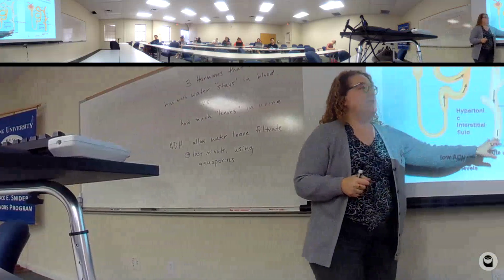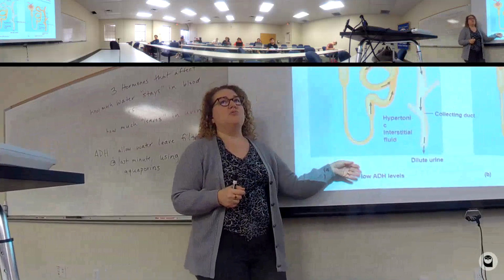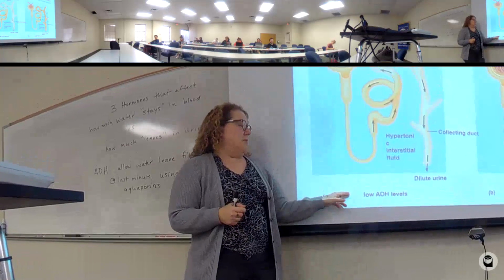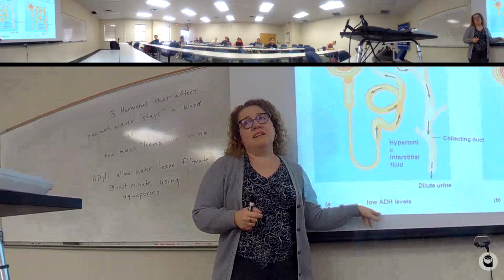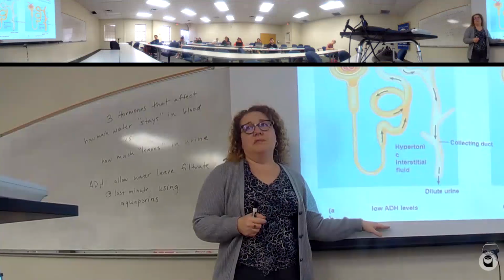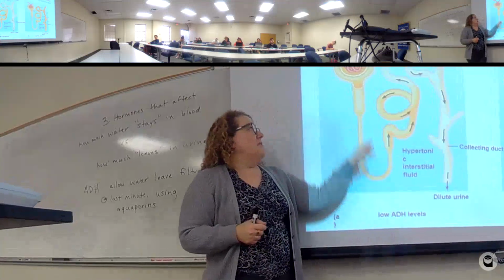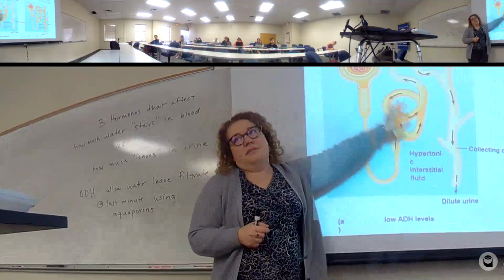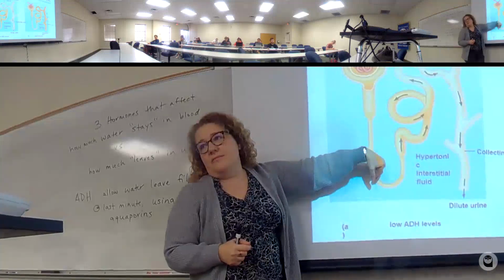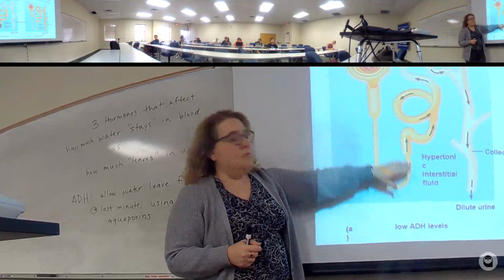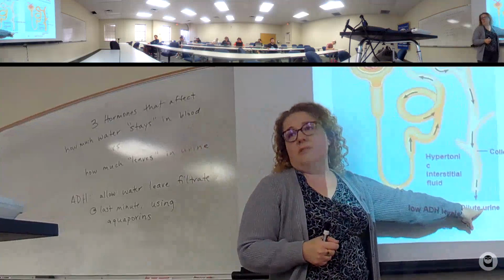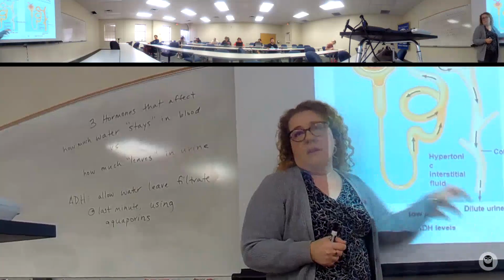So you can think of this picture as the usual situation where we either don't have anti-diuretic hormone or the level is really low. And we've got here a picture of the tubule system. And in the tubules, there is filtrate, which eventually will become urine as it leaves the nephron.